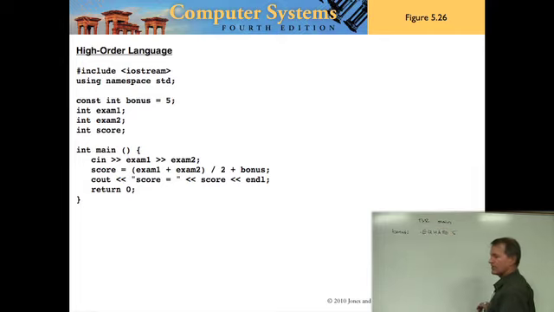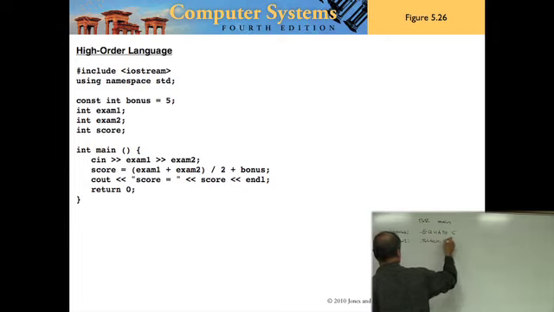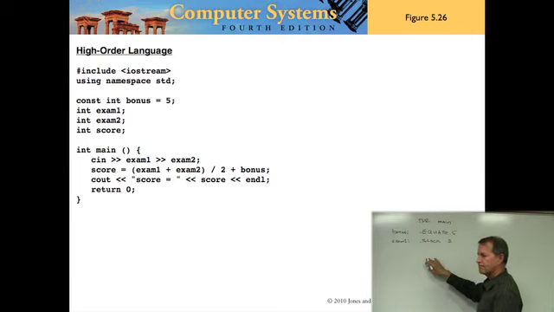Now, what about the next one? int exam1. So exam1 is the symbol. So we will .BLOCK 2. Are we done with this line? Nope. Does .BLOCK 2 and .WORD 0 do the same thing? Yes.